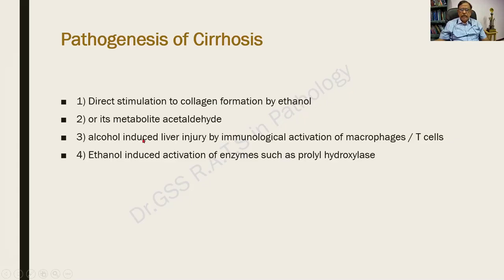The alcohol can induce a liver injury by immunological action of either macrophages or the T cells. And the ethanol can induce activation of some enzymes such as prolyl hydroxylase. So these are the various mechanisms by which there can be a tissue damage, a regeneration, fibrosis and cirrhosis.